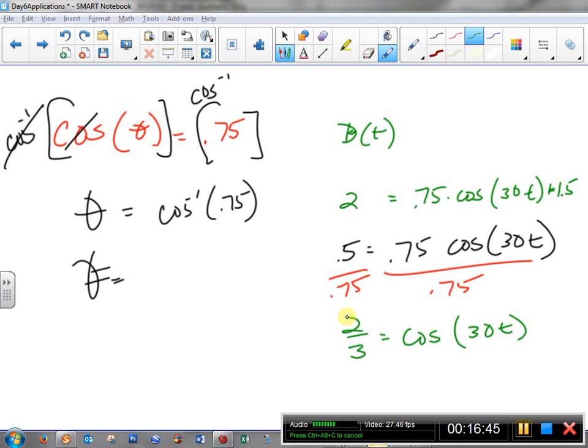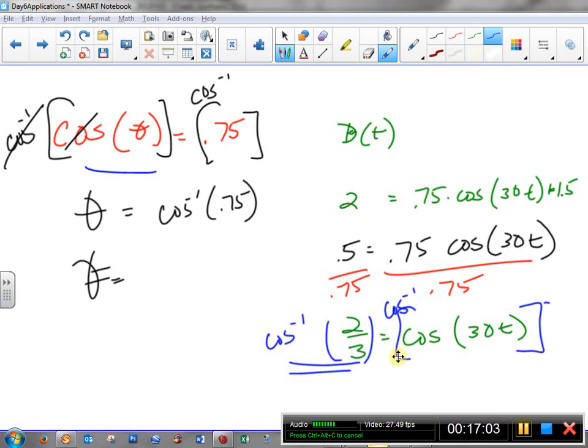So we were at the point here that we needed to use an inverse cosine function on both sides. When you have that cosine all by itself, like it is now, this is the appropriate time to ask for cosine inverse. And this is a number you can get out of your calculator. That'll leave the 30t all by itself. You divide the 30 out.